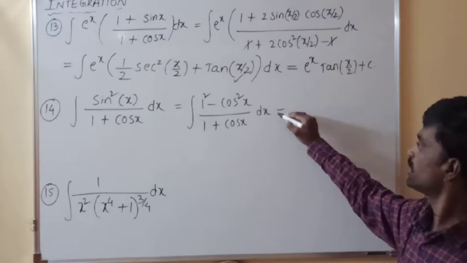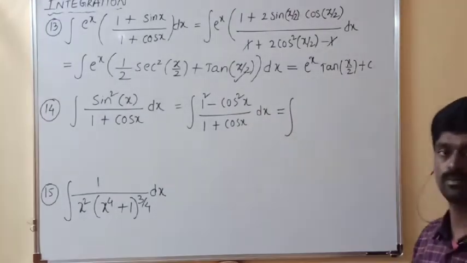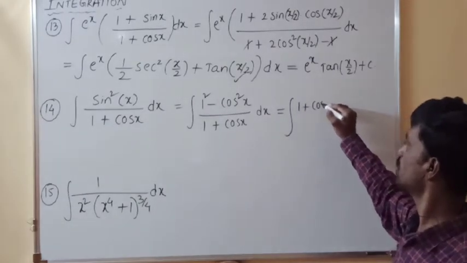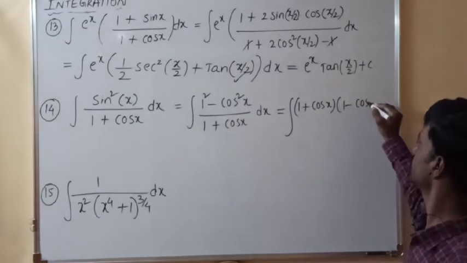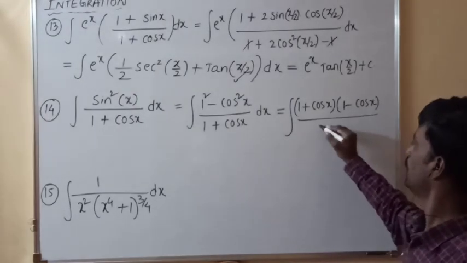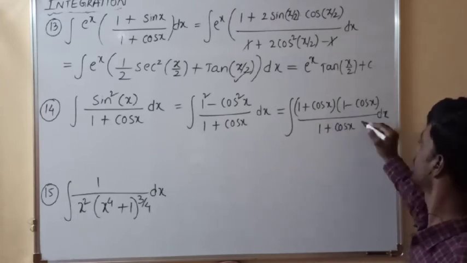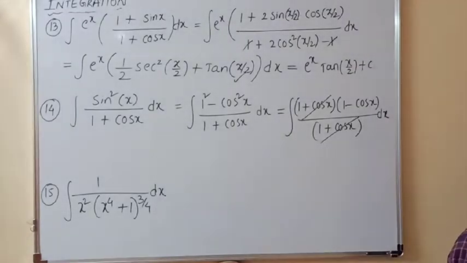Now the numerator looks like what? A square minus b square, which has the form (a plus b) into (a minus b). A plus b, that is 1 plus cos x, into a minus b, 1 minus cos x, divided by 1 plus cos x into dx. So here 1 plus cos x gets cancelled.